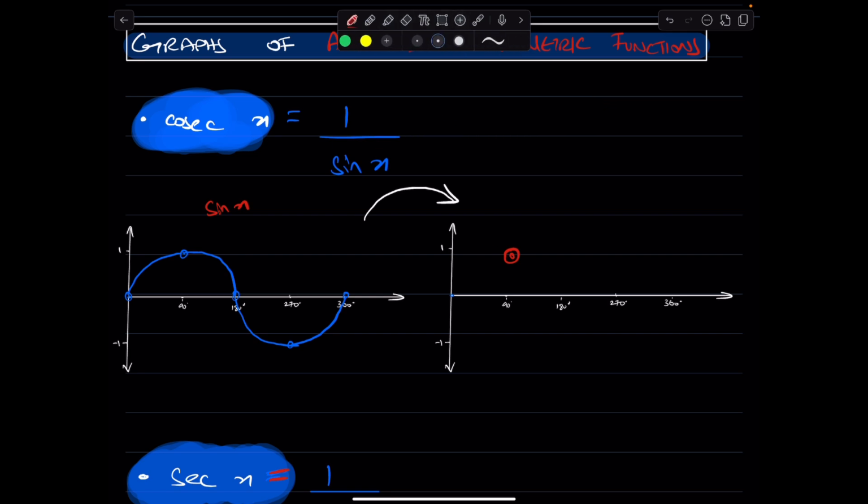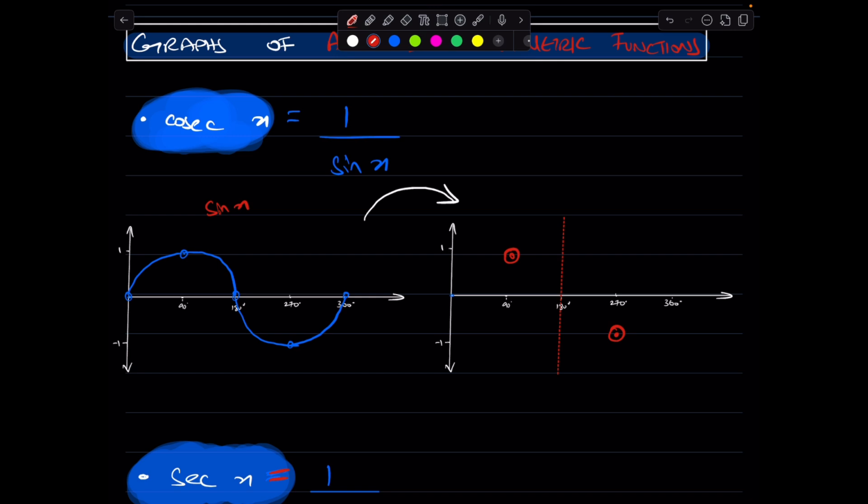So since we have infinity, let's make a dotted line which represents an asymptote again. Then moving on yet again, at 270 we have sin x is equal to minus 1. So this is going to be 1 over minus 1, which is equal to minus 1. So we have a point here.